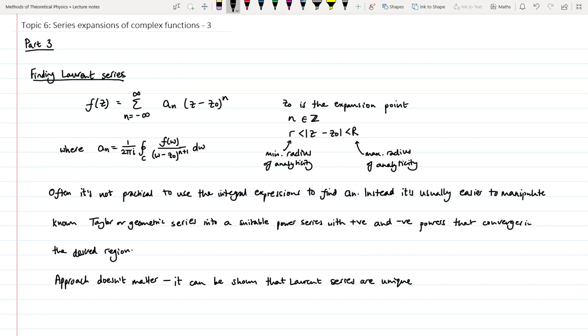In fact, I think there's a quick proof on the Wikipedia page for Laurent series. This means that once you've found a Laurent expansion, you know it's the expansion that you would get any other way. Right, let's get started on some examples.